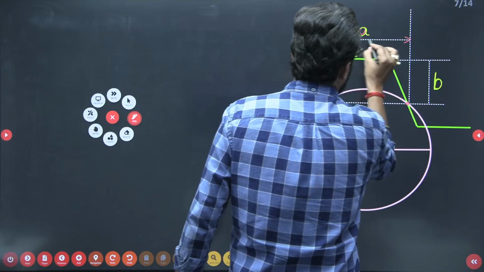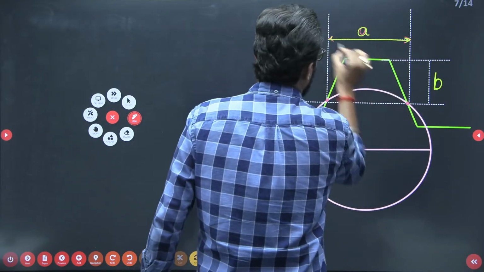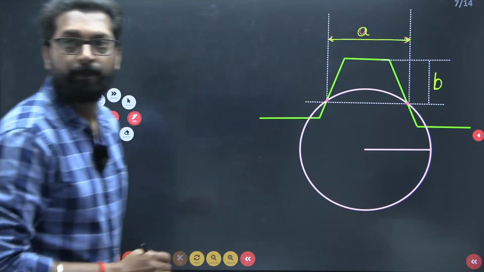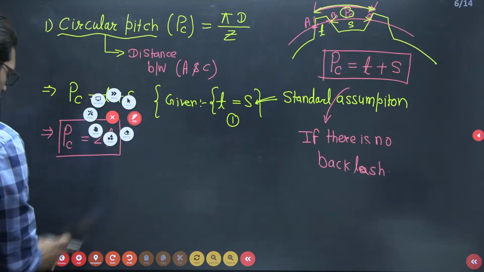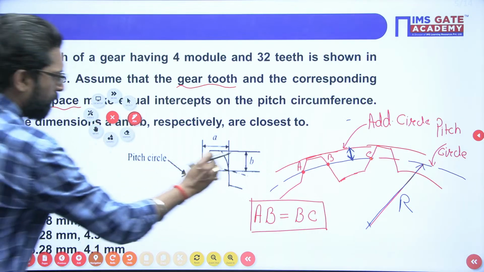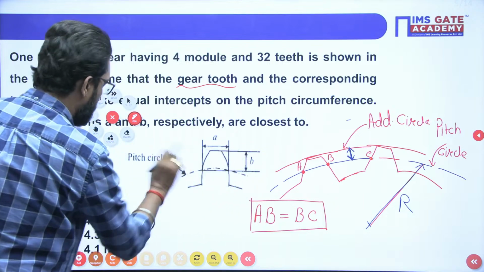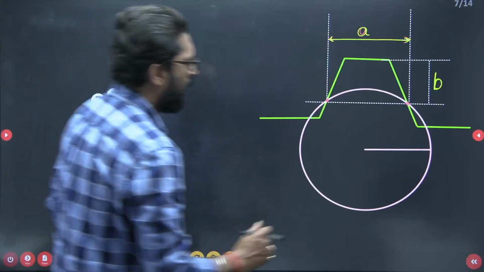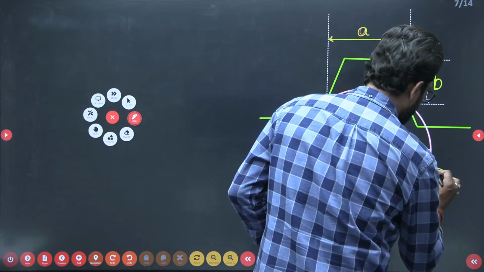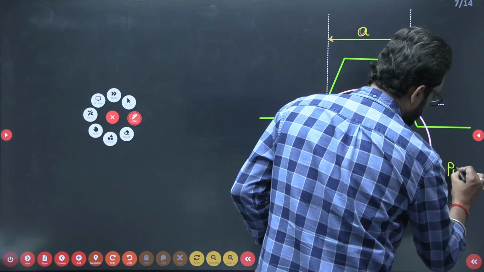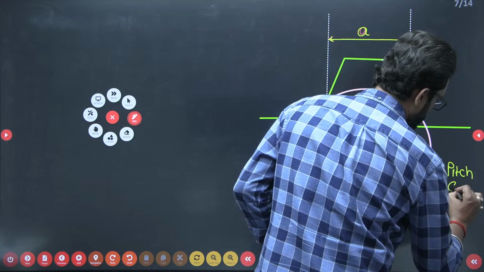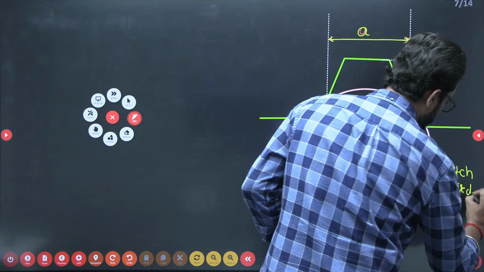Please check it, my dear. This is your A and this is your B, and this is your pitch circle. Clear? This is your pitch circle.